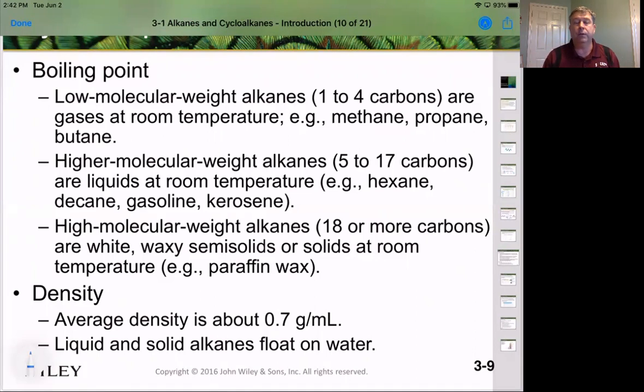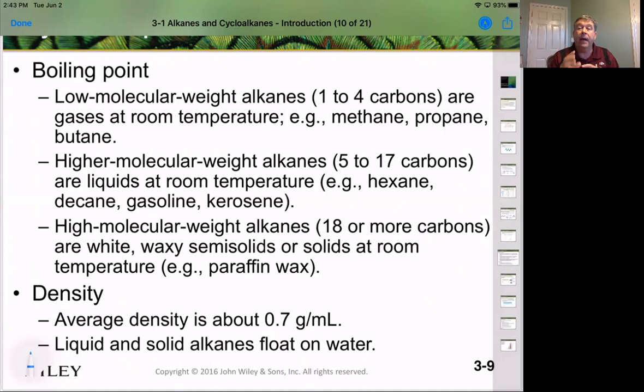So the fact that these are very low molecular weight and have very few interactions means they have very low boiling points. As we get to slightly higher molecular weights, we start seeing them as liquids. This would be things like gasoline, kerosene, and hexanes that you would use to clean different automotive parts. Once we get beyond that, things start getting waxier and solid.